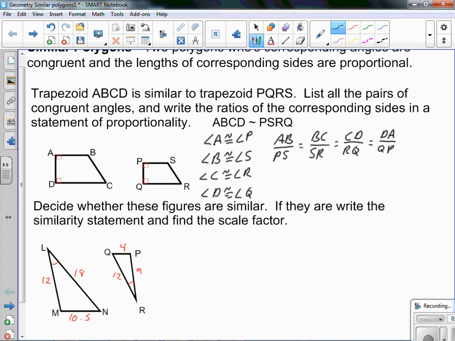So LM, which is 12, should match up with which side on the other triangle? Should go with RP, which is 9. And then LN, which is 18, would match up with RQ, which is 12.